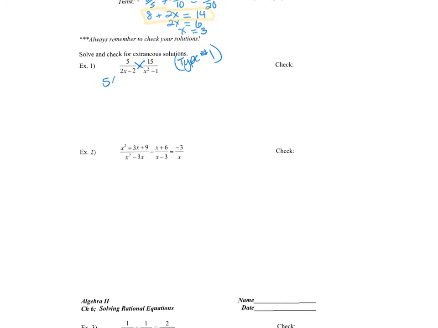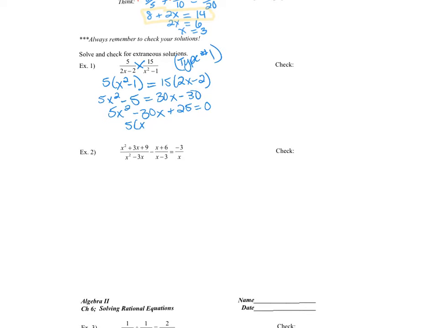So I have 5 times x squared minus 1 equals 15 times 2x minus 2. When I distribute, I get 5x squared minus 5 equals 30x minus 30. I can set this equal to 0, so I have 5x squared minus 30x plus 25 equals 0.